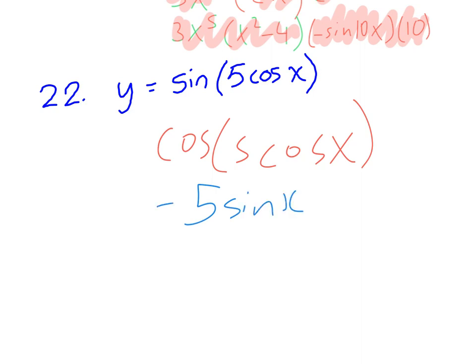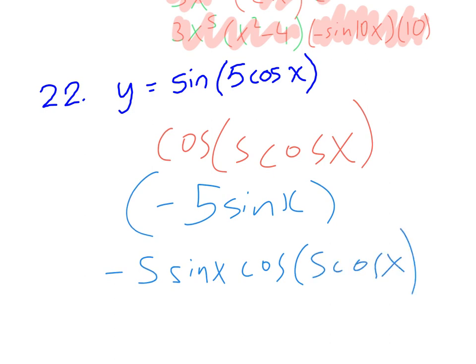That's a negative, by the way. So you multiply those 2, and you end up with negative 5 sine x cosine of 5 cosine x. So this problem didn't actually belong in there, given that it's not a product rule at all.